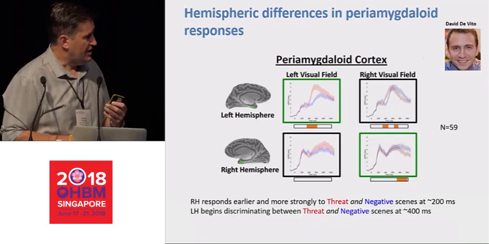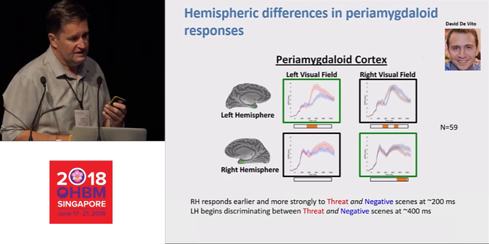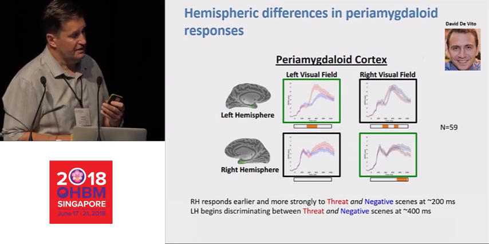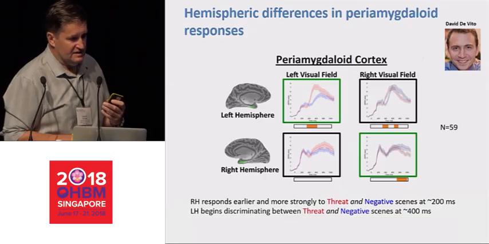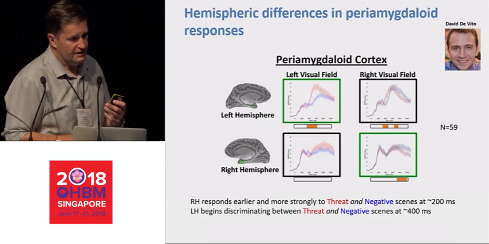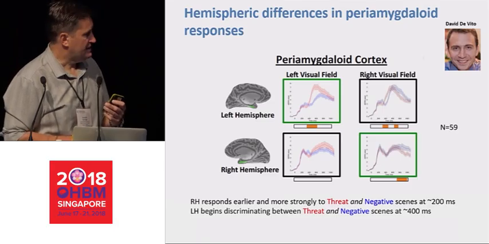So there's a sharp peak, but it doesn't really differentiate that much between the conditions, whereas the left periamygdaloid cortex does not have such a sharp response initially, but then starts differentiating significantly between threat and negative scenes at around 400 milliseconds.